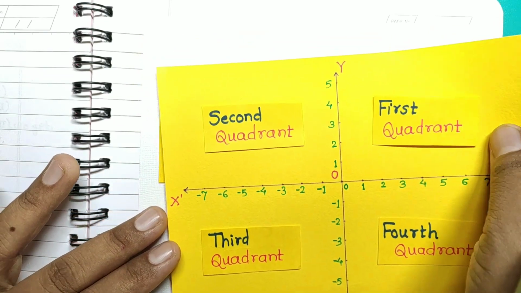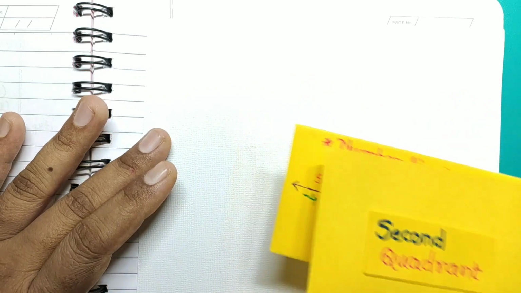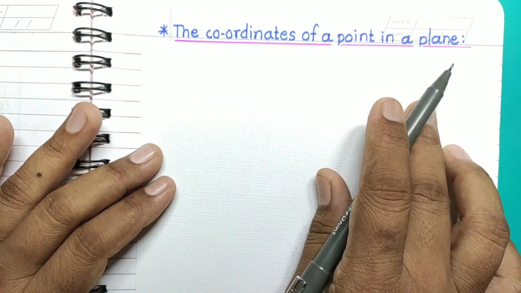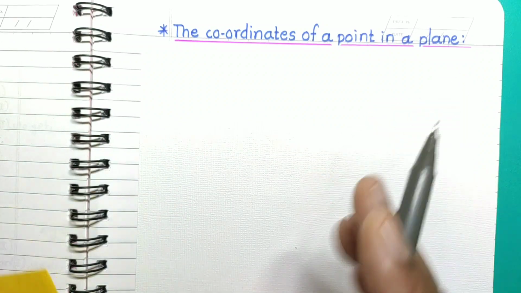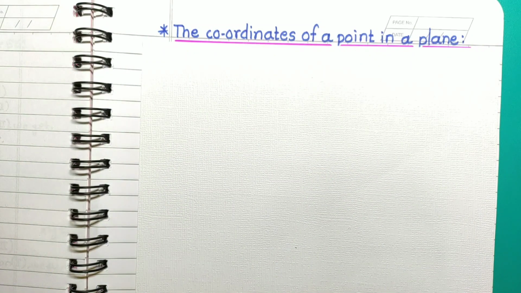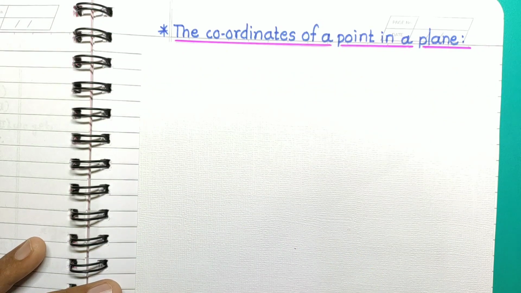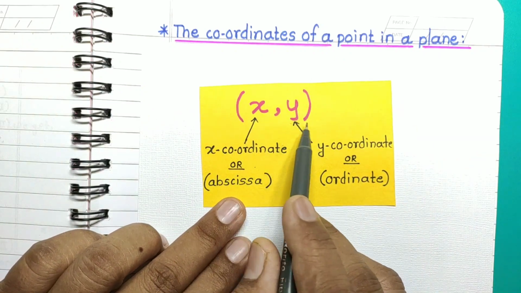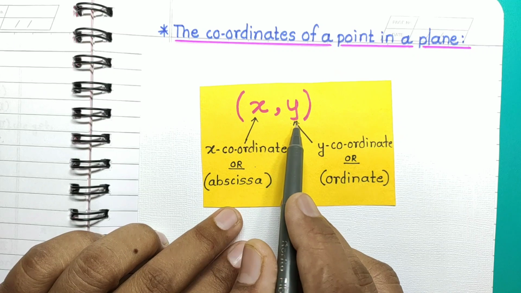Students, now let's move to the next concept, the coordinates of a point in a plane. See, the coordinates of any point in the plane are described by a pair of two real numbers x and y enclosed in round brackets separated by a comma.